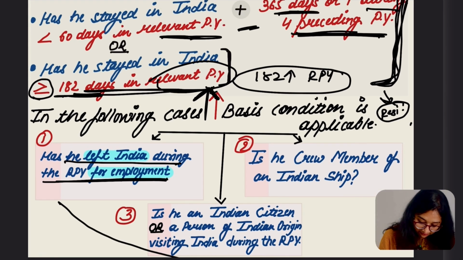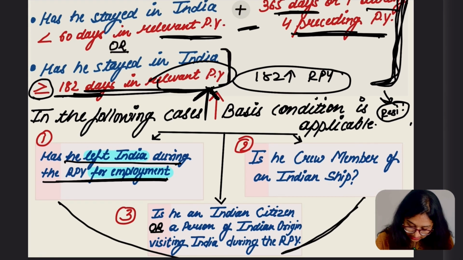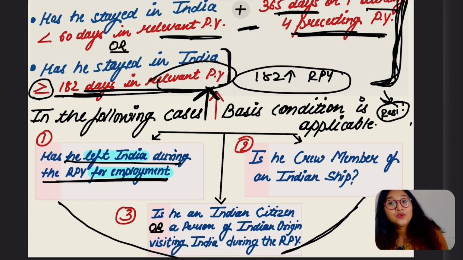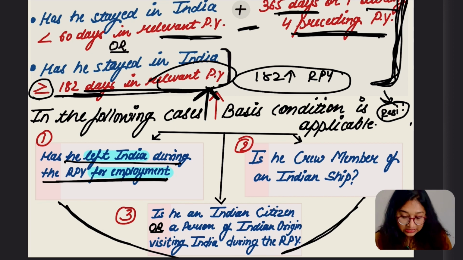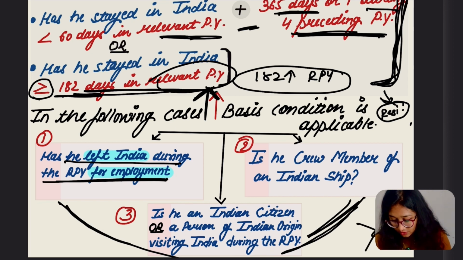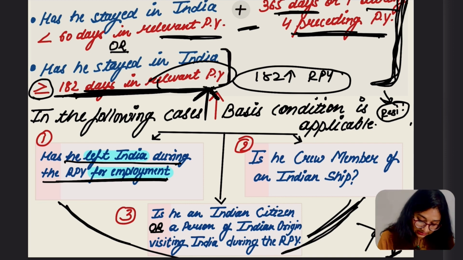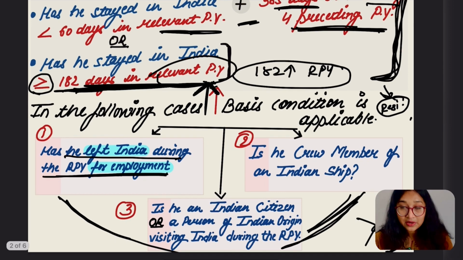These people are not having two conditions. Earlier we said that an individual is a resident if satisfying any of the basic conditions. These people are not having two basic conditions. They are only having one condition, and that is more than 182 days in the relevant previous year.